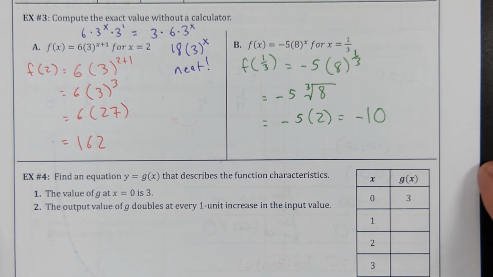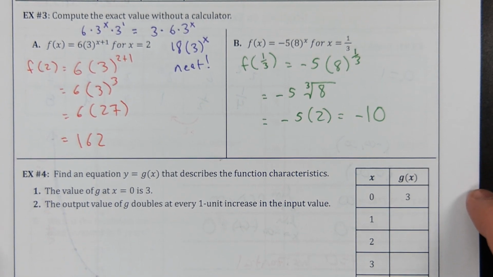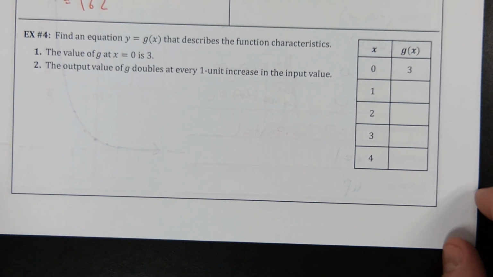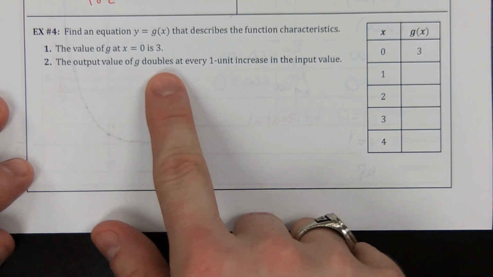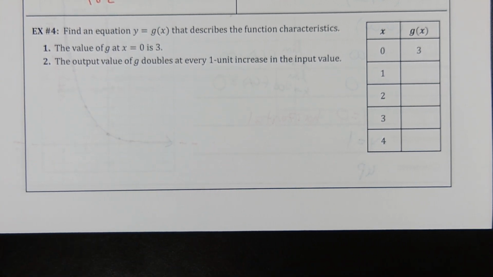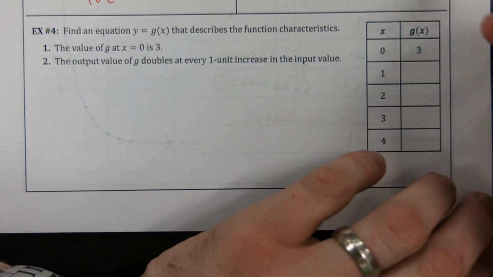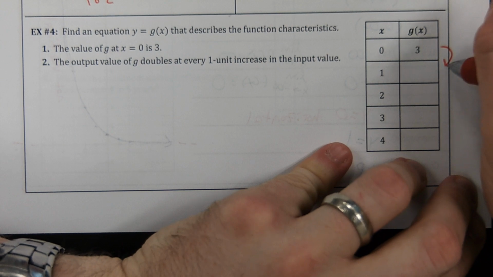How about let's write our own exponential growth or decay function. What we have is initial value of 3, and the output value doubles at every 1 unit increase of the input value. That literally means times 2.